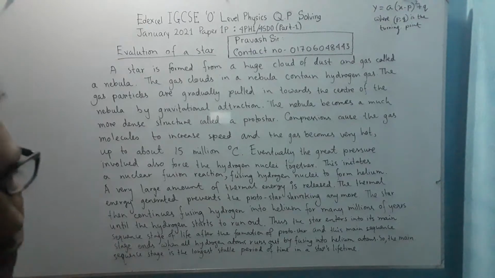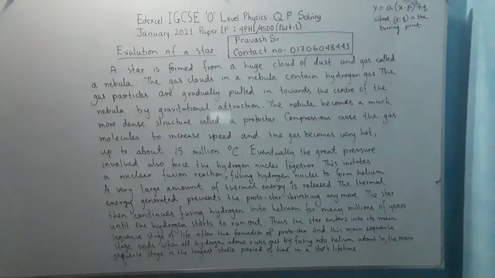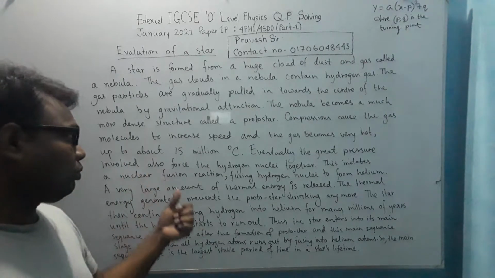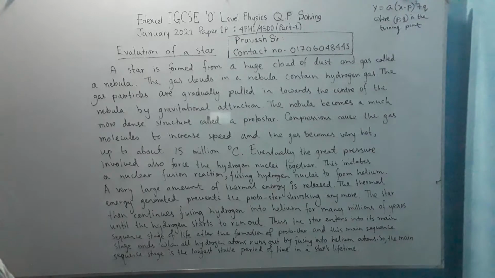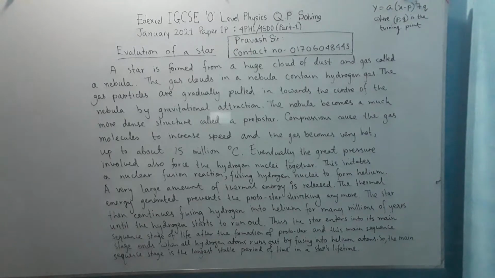When the compression of the hydrogen gas starts, it causes great pressure, and this forces the hydrogen nuclei together and initiates a nuclear fusion reaction, fusing hydrogen nuclei to form helium.